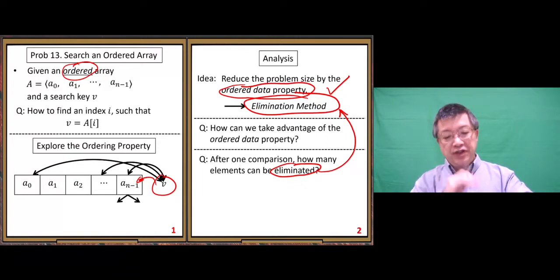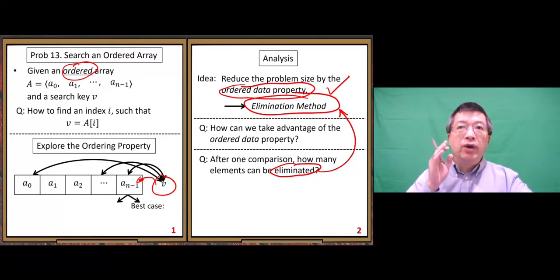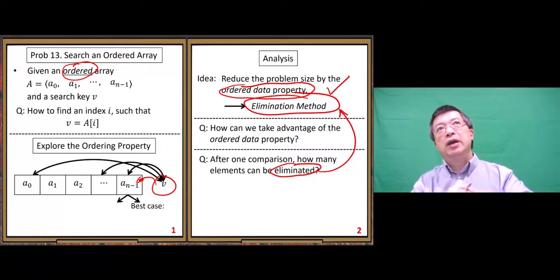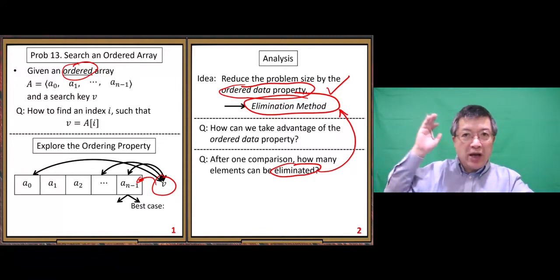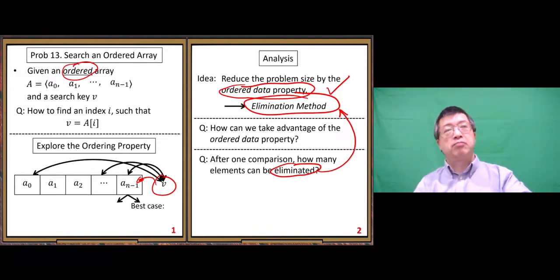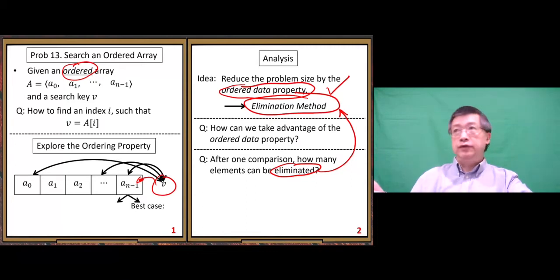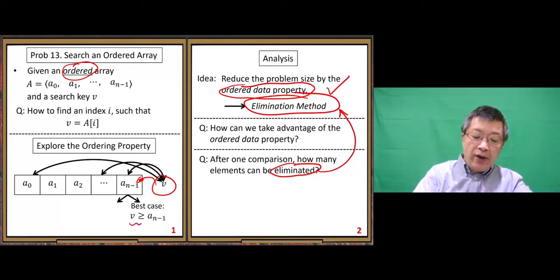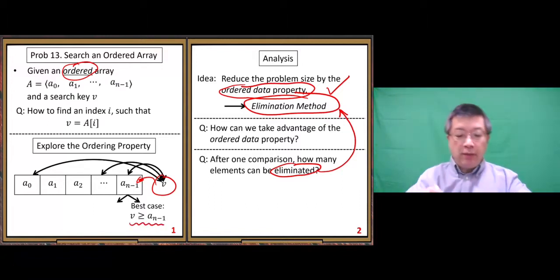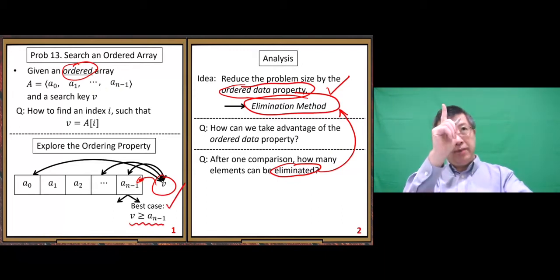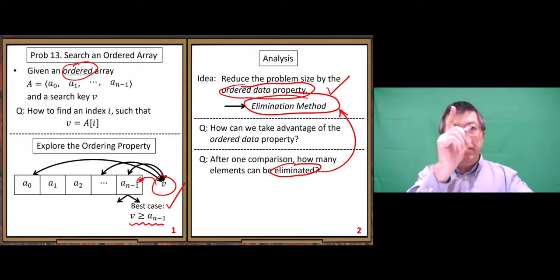The first case, V greater than or equal to A sub n minus 1, and we can get the answer immediately. That's why I say it is the best case, because we get the problem solved already. One comparison. So that's the best case.